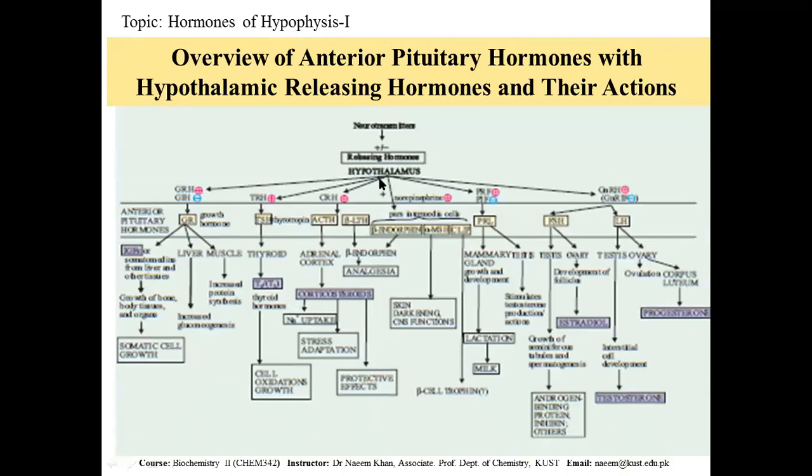This is the hypothalamus, and it releases many factors, and through these factors the secretion of the hypophysis is controlled. These perform different functions and control other glands such as the thyroid gland, and because of this, this gland is known as the master gland.